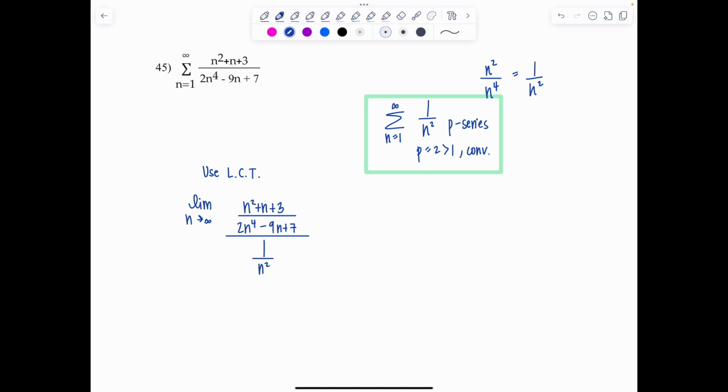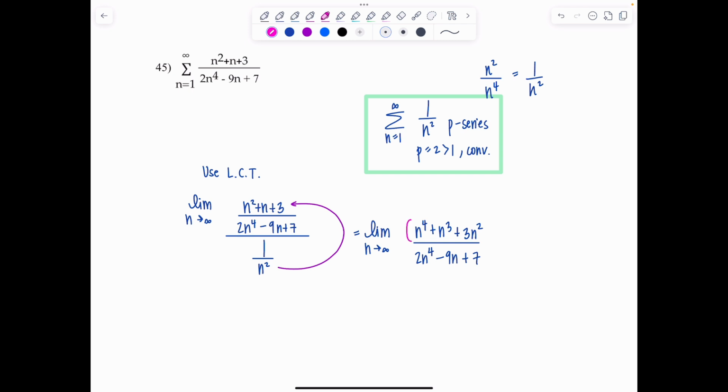Then dividing by 1 over n squared is the same as multiplying by n squared, so I'm going to distribute it through the numerator. This is limit, n goes to infinity, n to the fourth plus n cubed plus 3n squared over 2n to the fourth minus 9n plus 7.